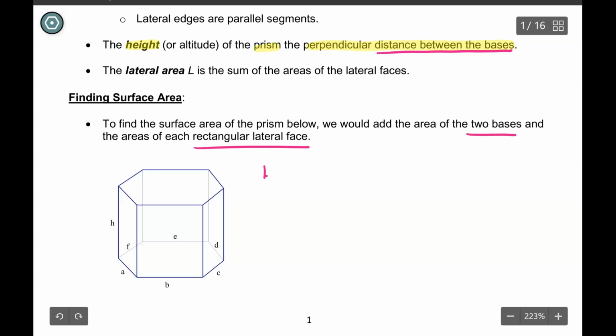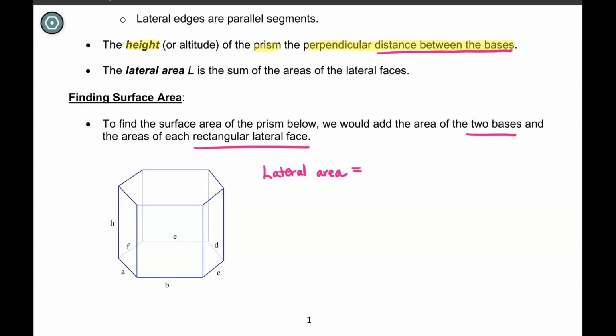So the lateral area. Probably you did a little bit of this in middle school, when you're finding lateral area, you're basically just adding up the area of each face.